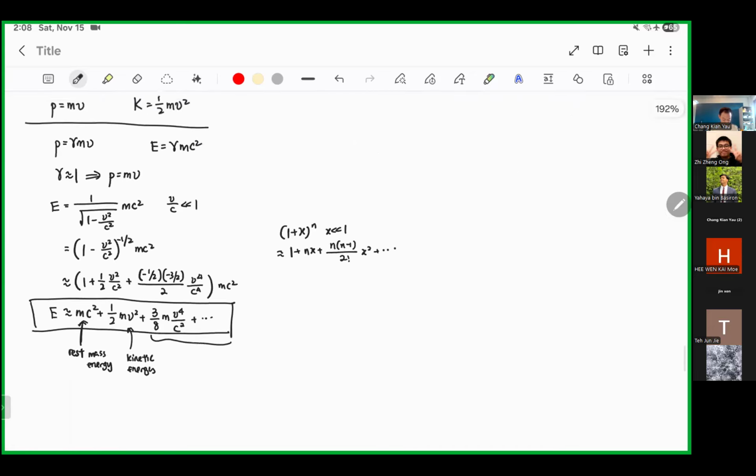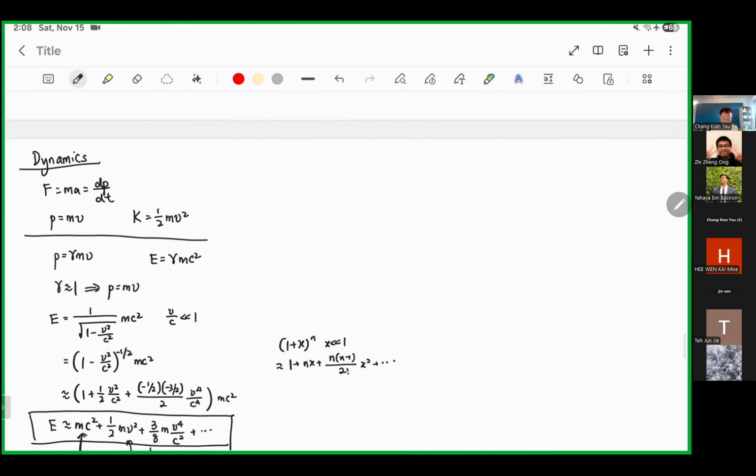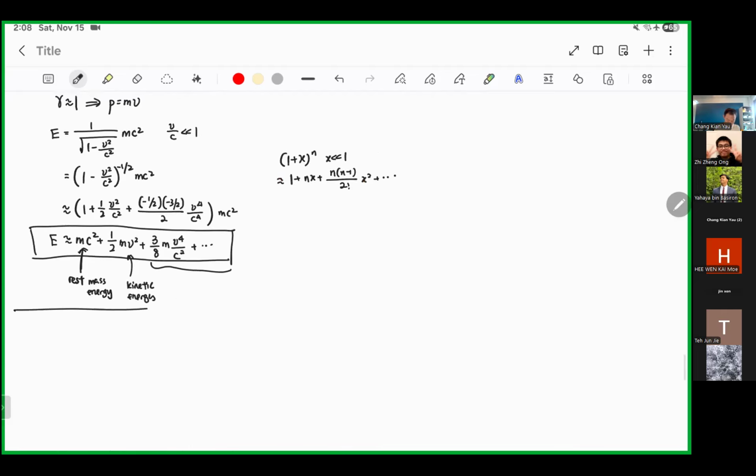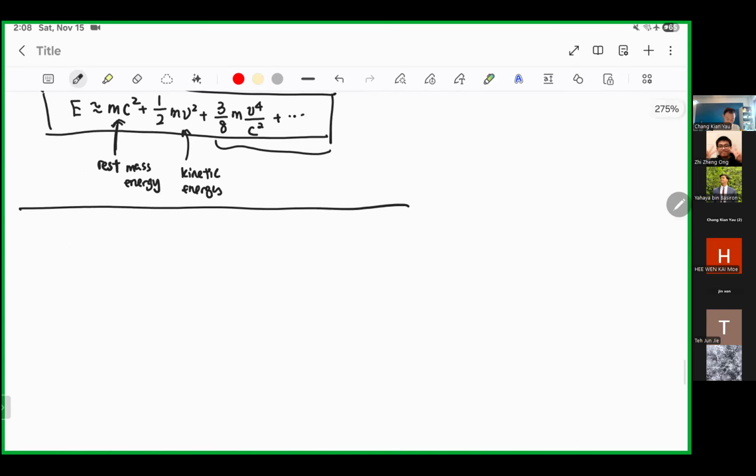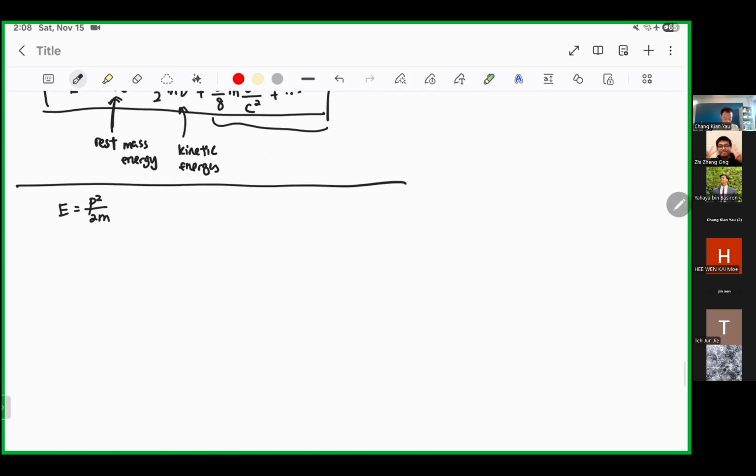Now that we have redefined energy and momentum, let's look at the relationship between these two terms. In classical mechanics, you have E equals p squared divided by 2m. But in relativity, they have a different relation, and let's calculate this ourselves.